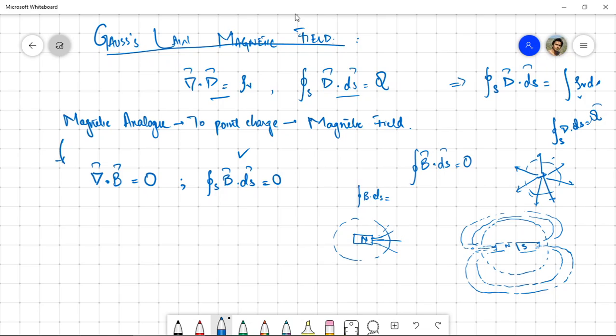But that was only possible if a monopole's existence was possible. So we'll say that this is not possible.